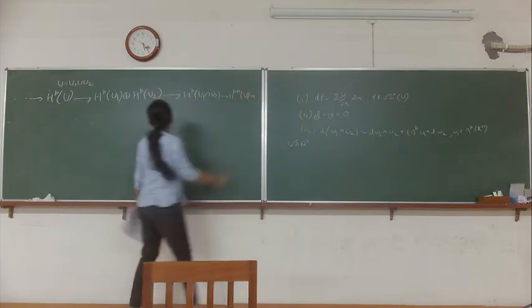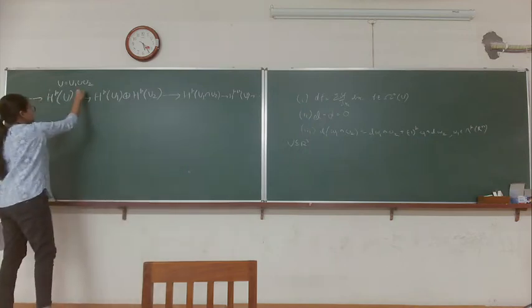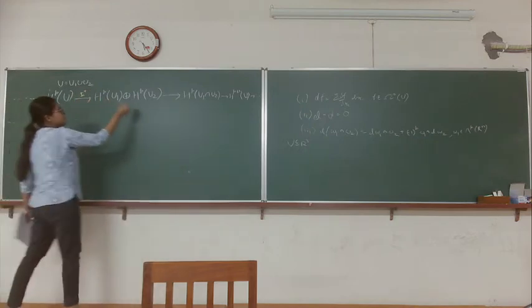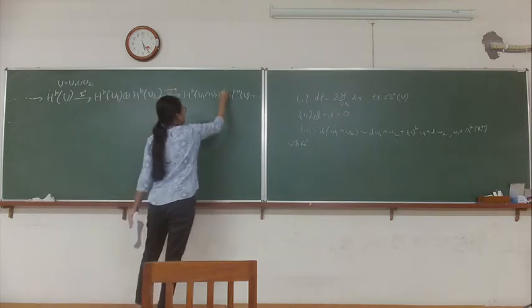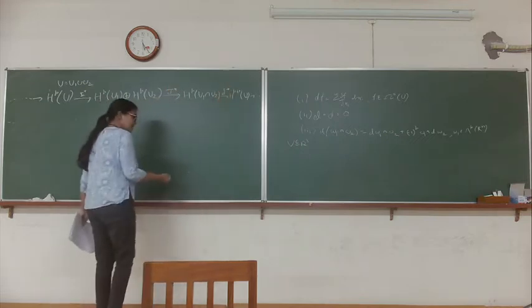And it goes on like this, where this map is called i star, this is j star, and this is del star.